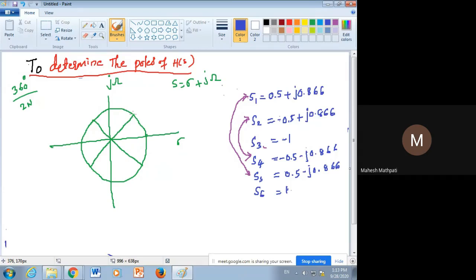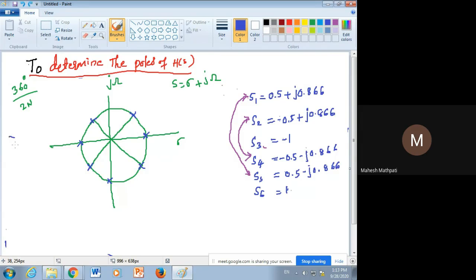With the cross, right? The poles are represented with the cross always, and the zeros are represented with what? Zeros का representation क्या रहता है? The poles are represented by cross and zeros are represented by zero.